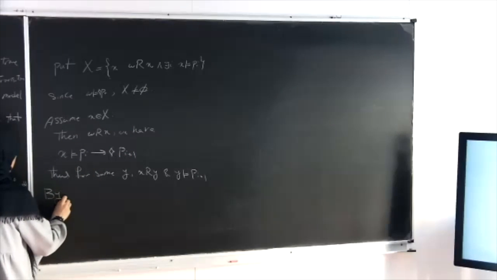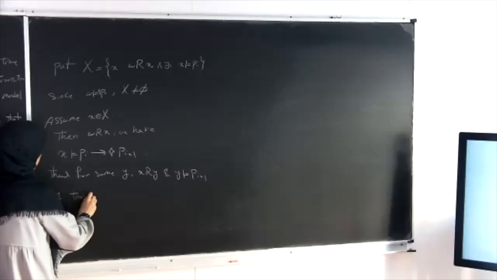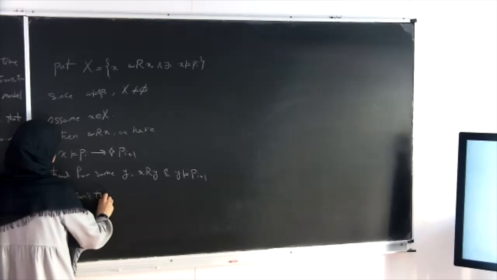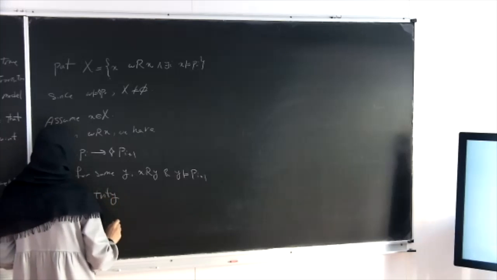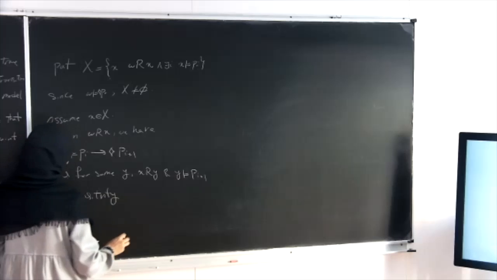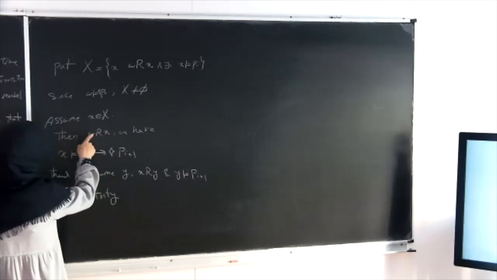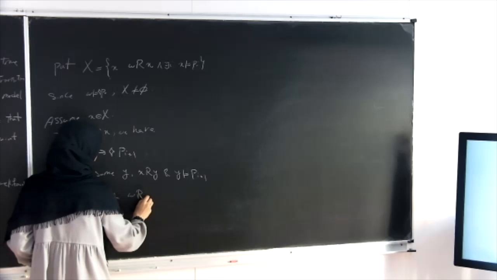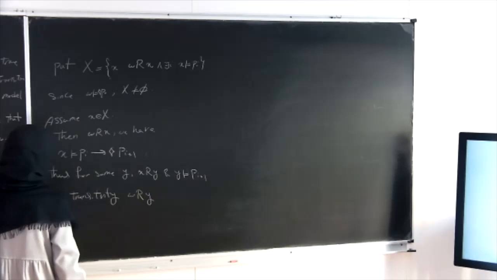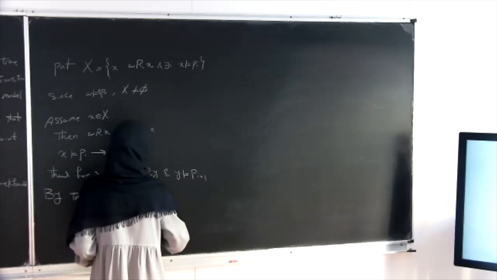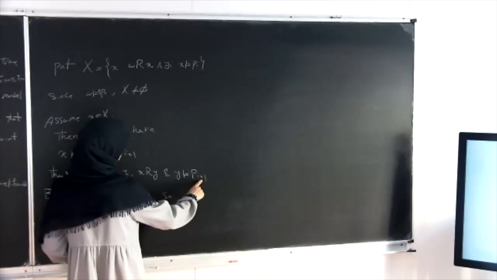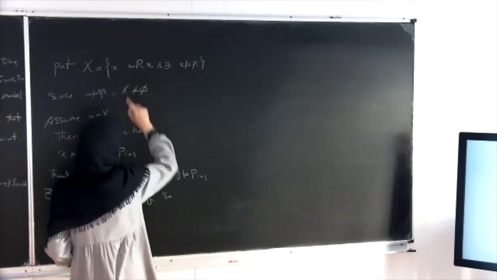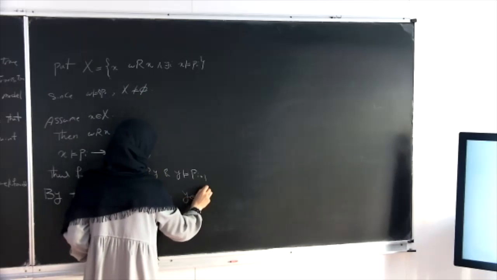By transitivity, you have WRx, xRy, so we have WRy, and y satisfies Pi plus 1, so y is in X.